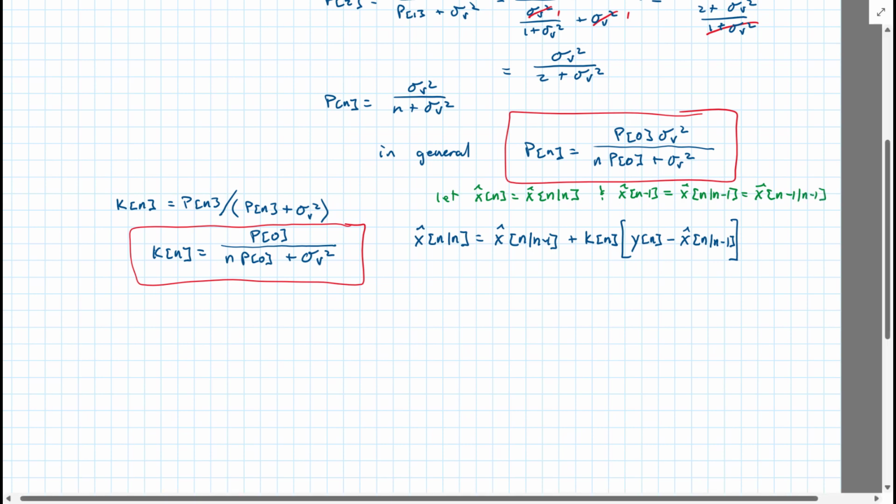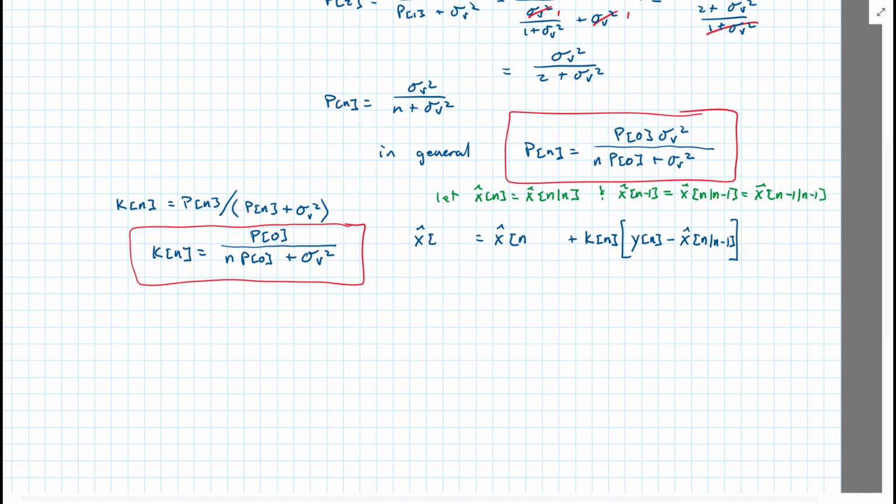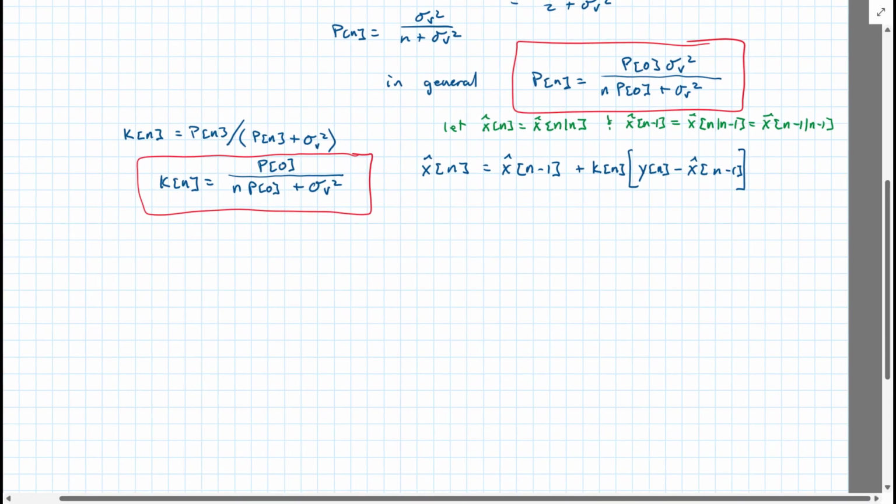So given that simplification, we can now write the equation like this.